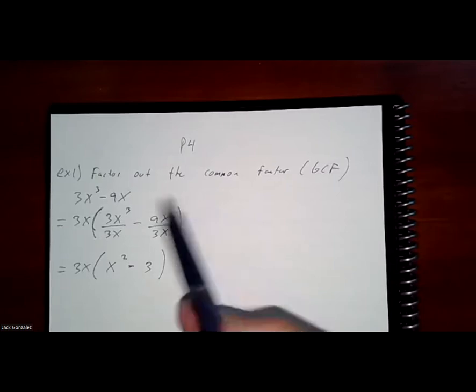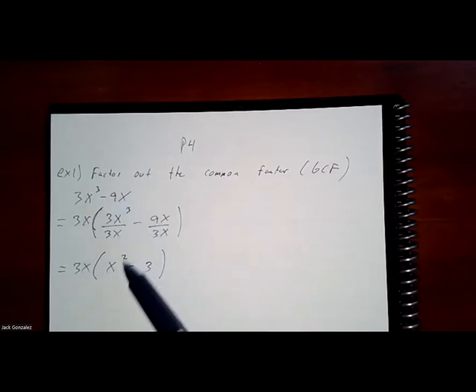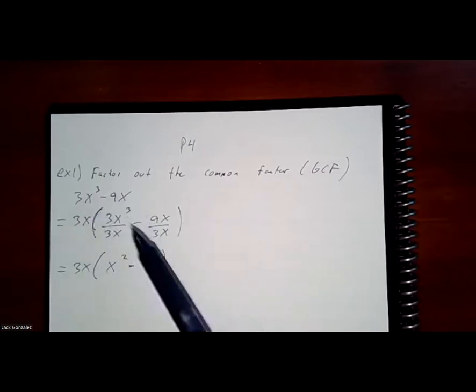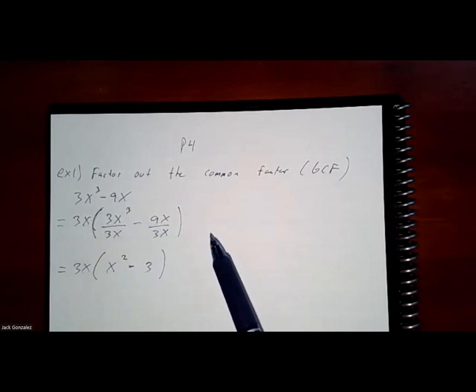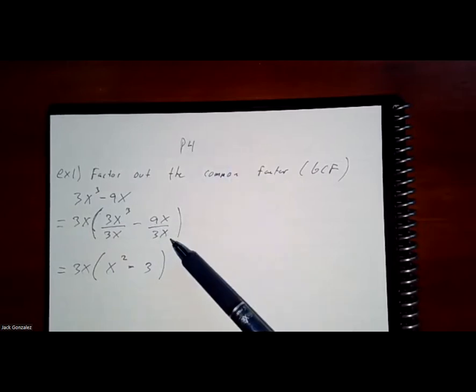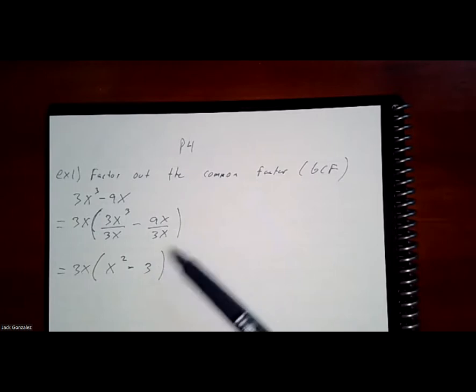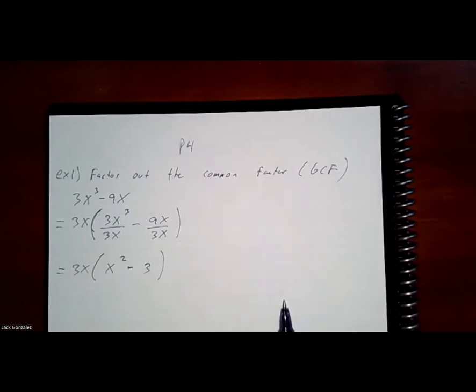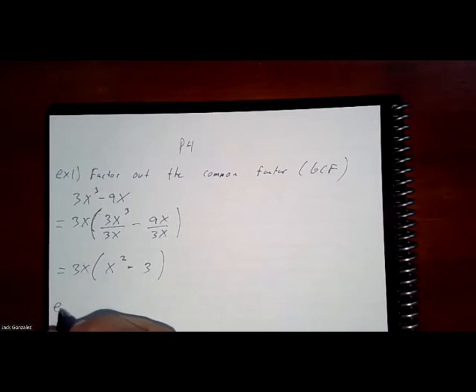I'm factoring out 3 from both and an x from both. You don't have to show this step, but it's technically what's happening. Are there any questions on number 1? No, sir.